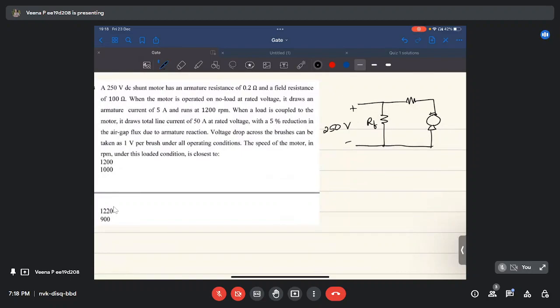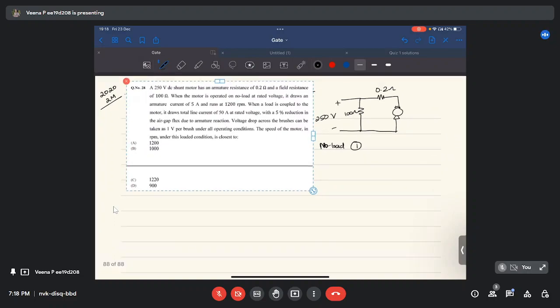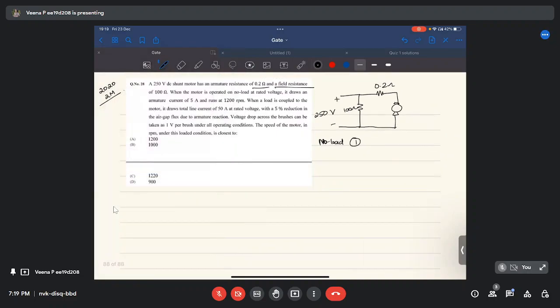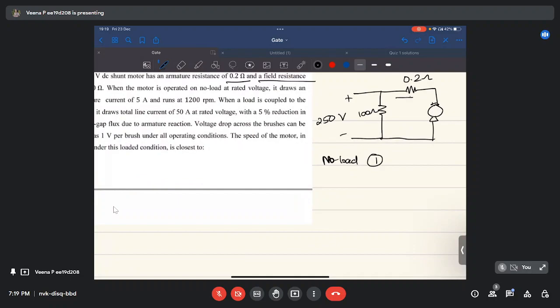The armature resistance is 0.2 ohm and field resistance is 100 ohm. When the motor is operated on no load, let the no load condition be represented by subscript 1. So at no load condition, when rated voltage is applied, the armature current IA1 is 5 ampere and it runs at 1200 rpm.